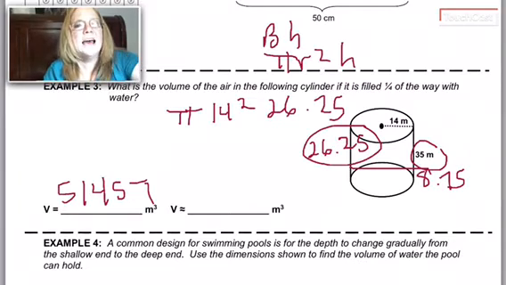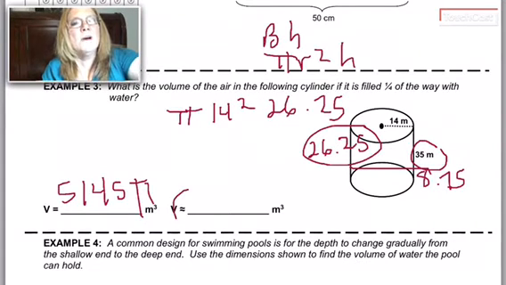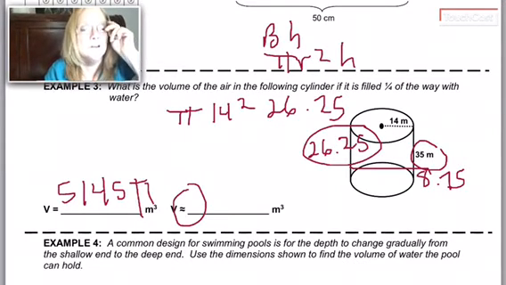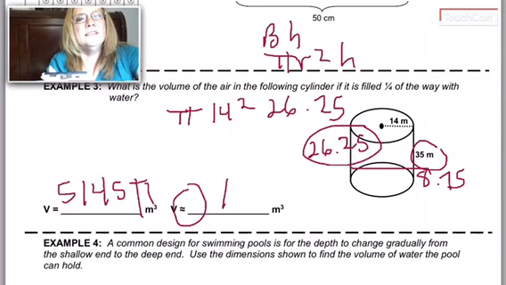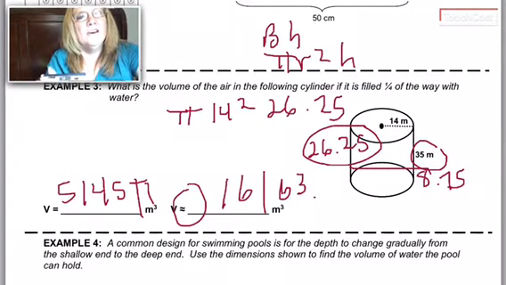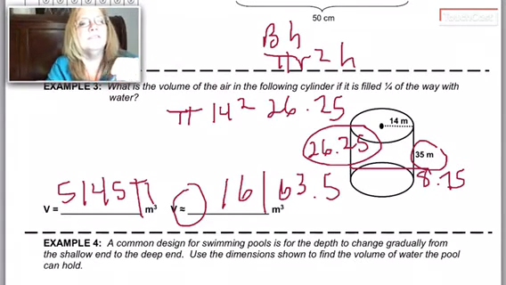Now that is my exact answer, but they also asked for the approximate answer. So let's go ahead and put that one in there as well. So multiply that times pi, and you get 16163.5.